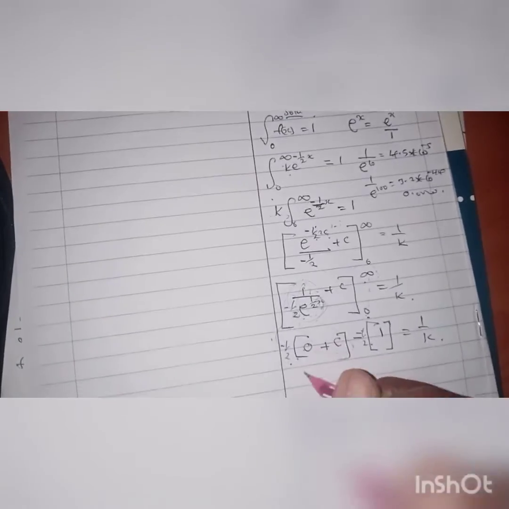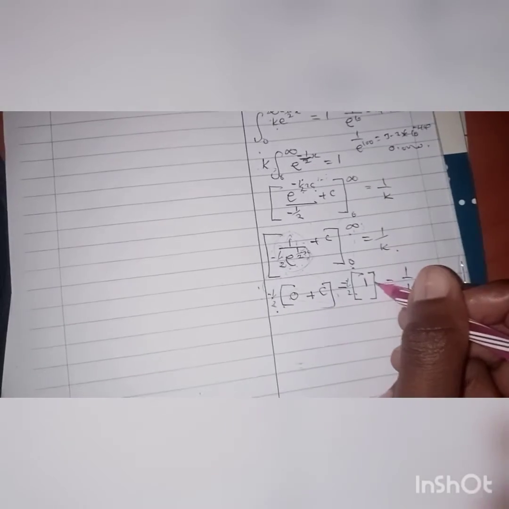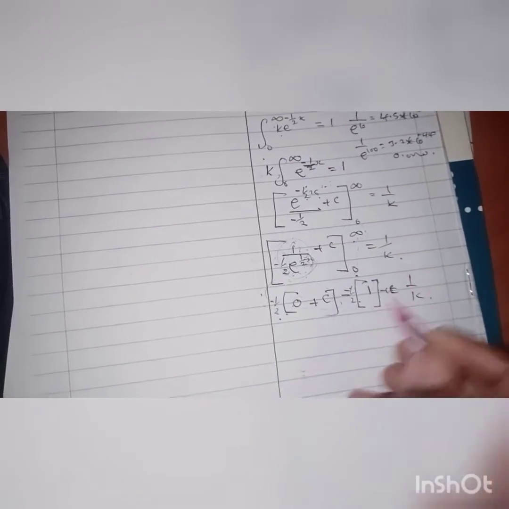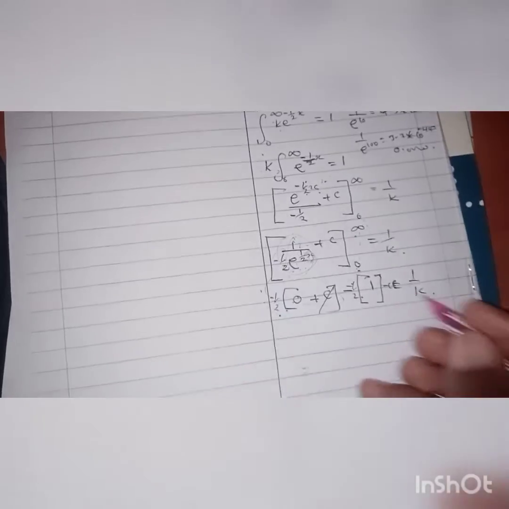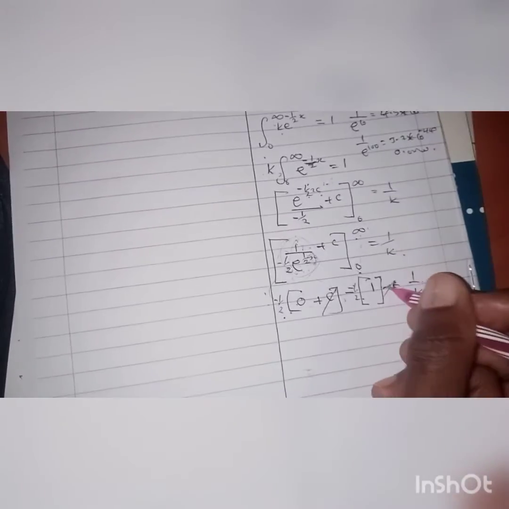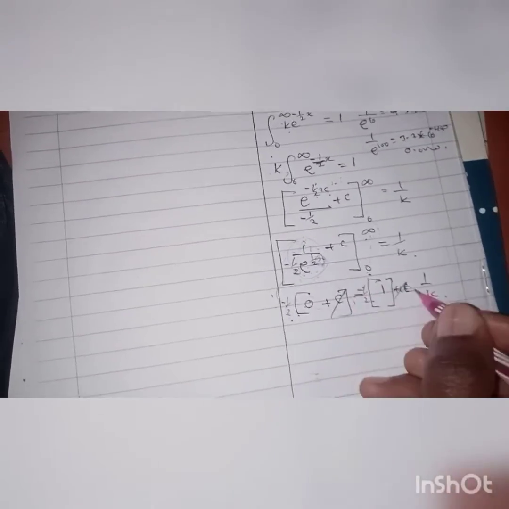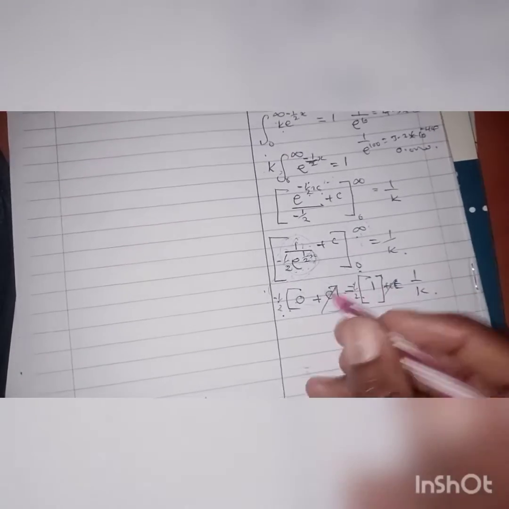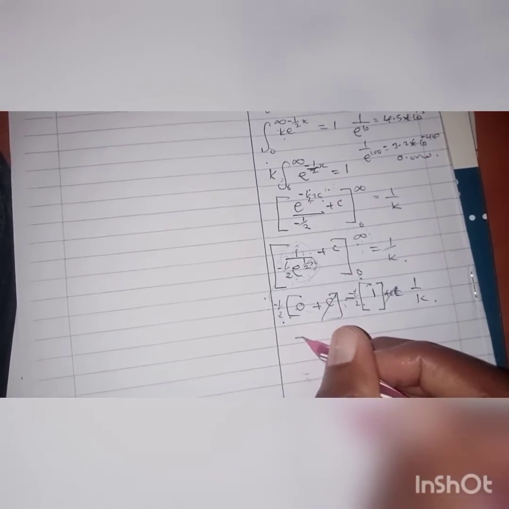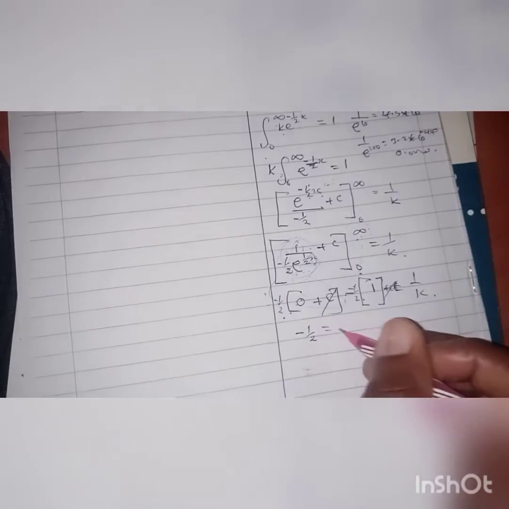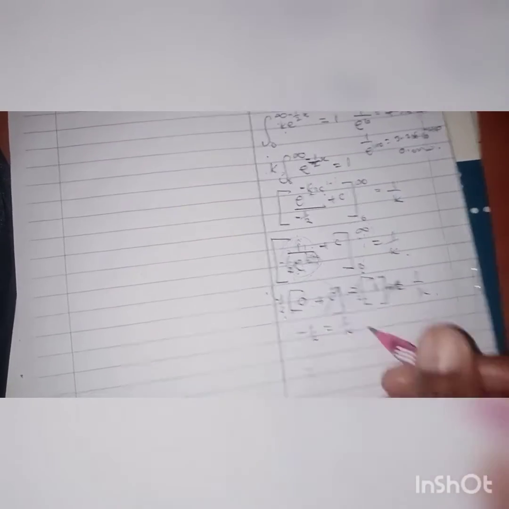Minus a half multiplied by that is just 0, and multiplied by c. Here also we had to add c. Therefore, the constant c and c cancel out. Therefore, it just equals minus a half equals 1 over k.